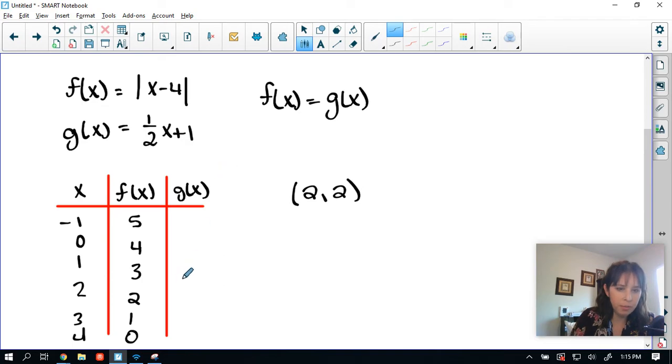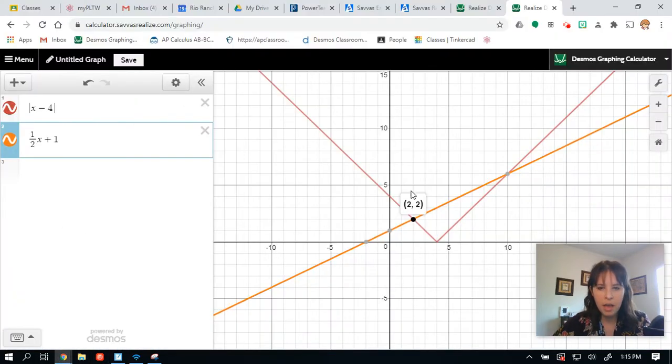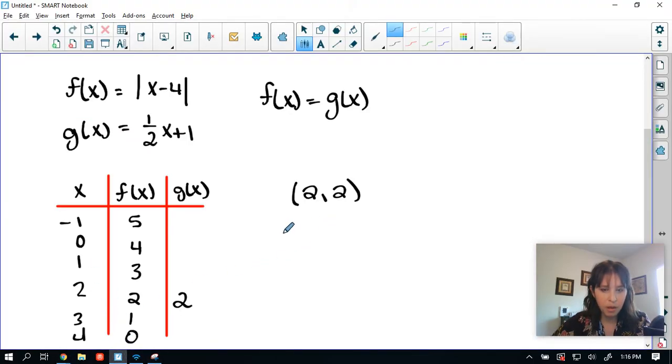So if you did your table, you would see right here that this would be also 2. And since these match, then you have a point of intersection, and that's one of your solutions. And then the next one is up here at 10, 6. Our table did not go to 10, but if it did, you would again see a 6 and a 6.